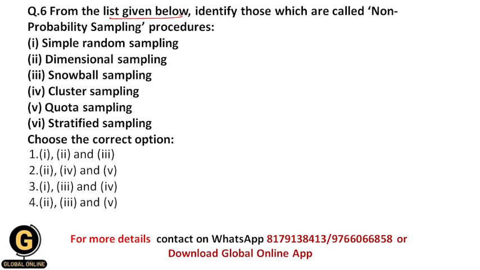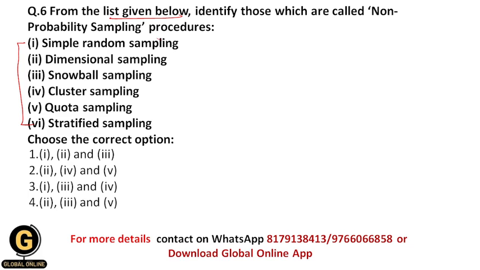Okay, so here we have been given different sampling procedures, and we need to identify which are the non-probability sampling procedures among these. So basically there are two types of sampling procedures, and those are probability and non-probability sampling procedures.